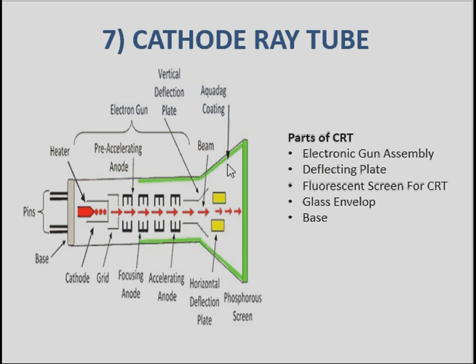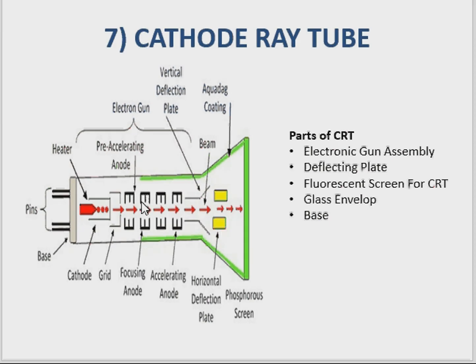This aquadag coating is an aqueous solution of graphite which is connected to the anode. It collects the electrons, which is necessary to keep the electrical signals in equilibrium.